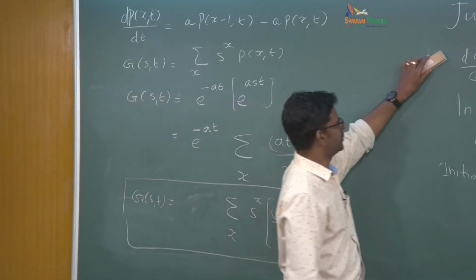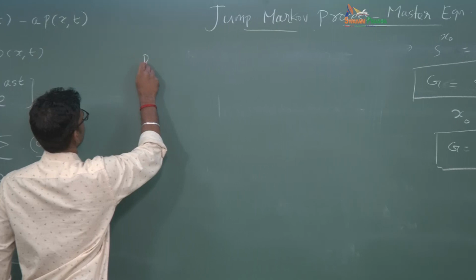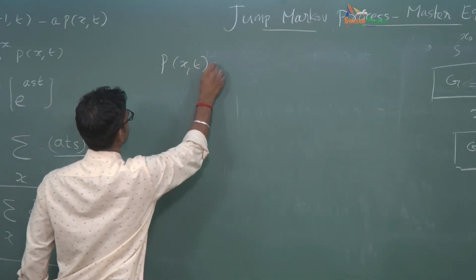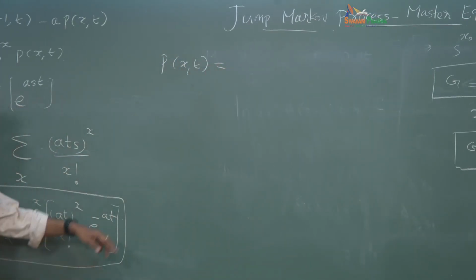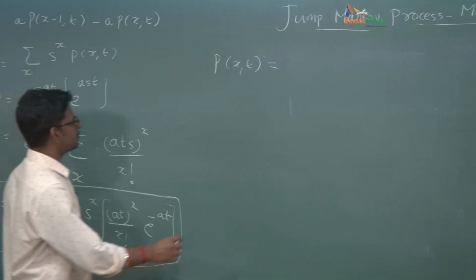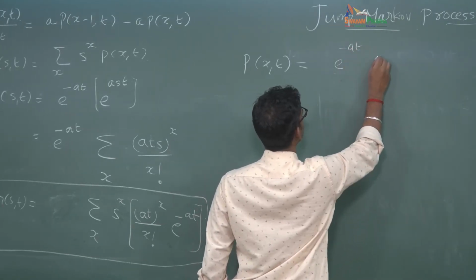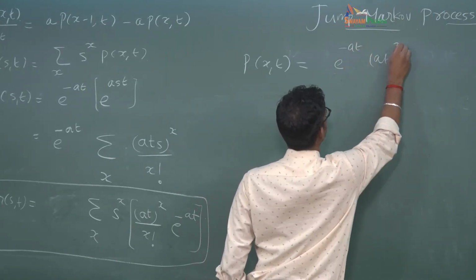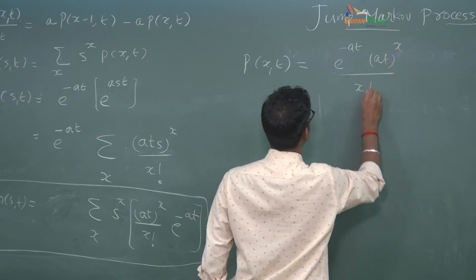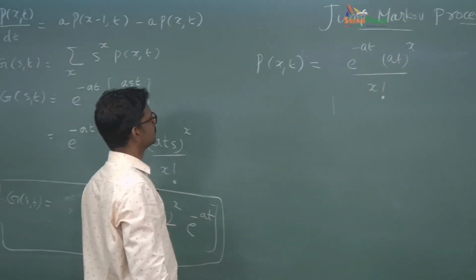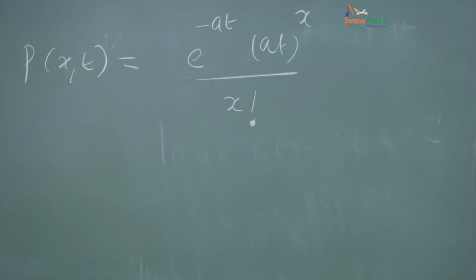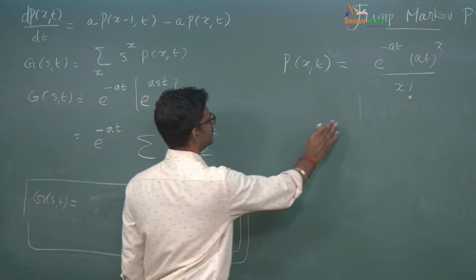Do you recognize this distribution? So we say p of x comma t, that is the probability of finding the molecule at x at time t starting from origin, is given by e power minus at times (at) power x by x factorial. And this is nothing but Poisson distribution.